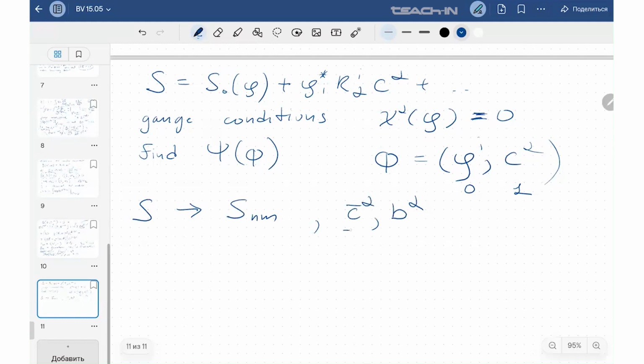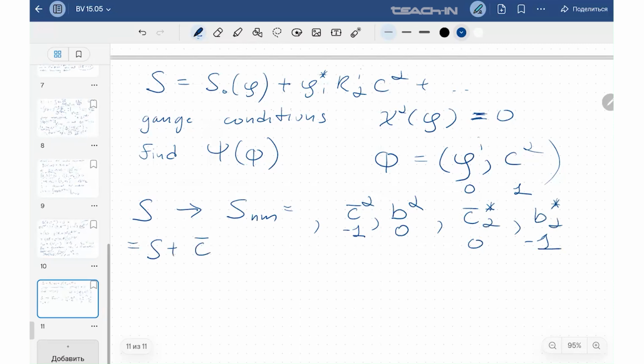These are of degree -1, and these are of degree 0. And of course, their conjugate antifields, which are C bar star alpha in degree 0 and B star alpha of degree -1.